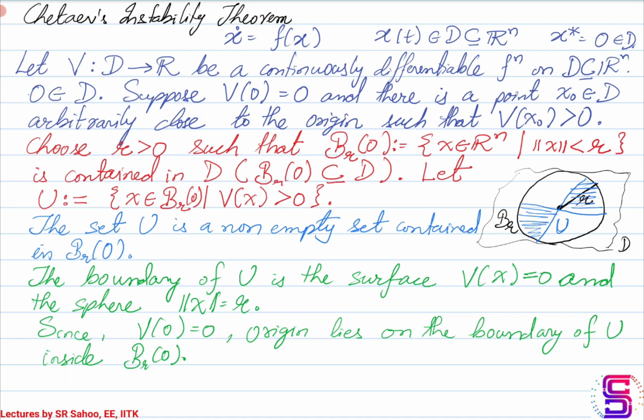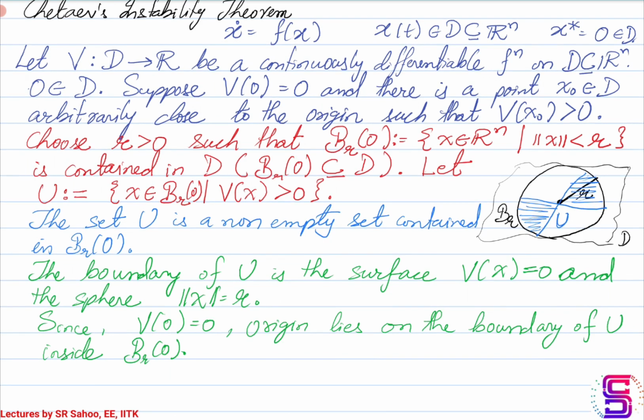Now, what is the boundary of U? Boundary of U is basically the surface where V of x is 0, and of course the boundary of the ball. Because on the boundary of the ball, you might have x where V maps to a positive real number.